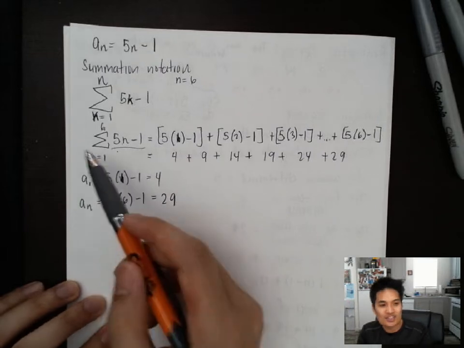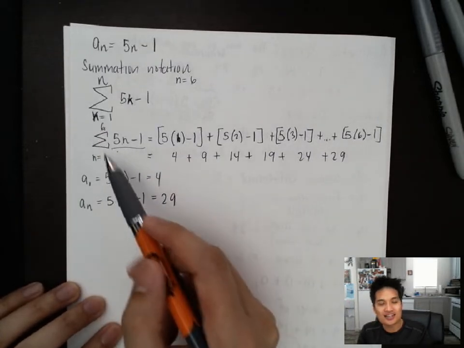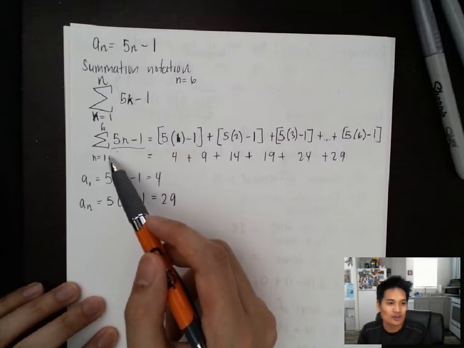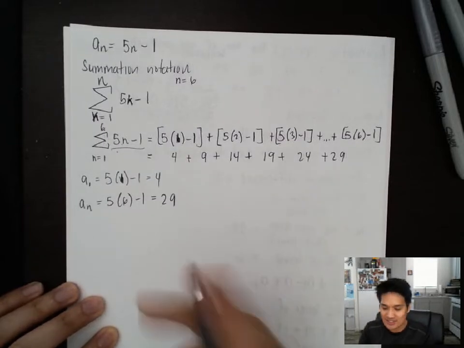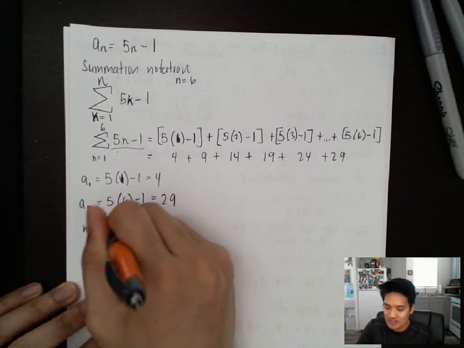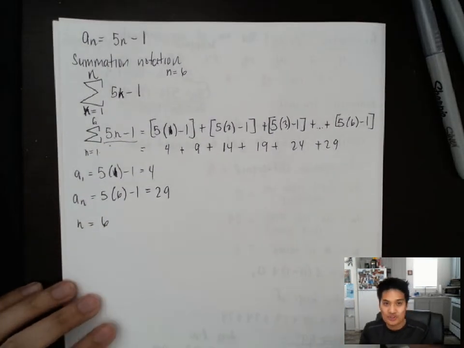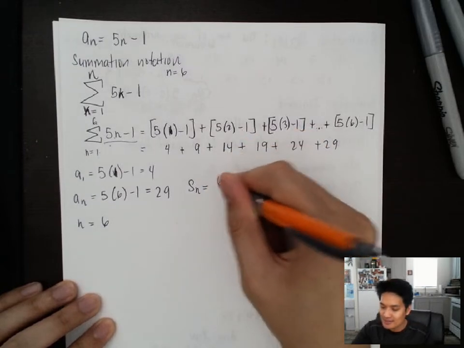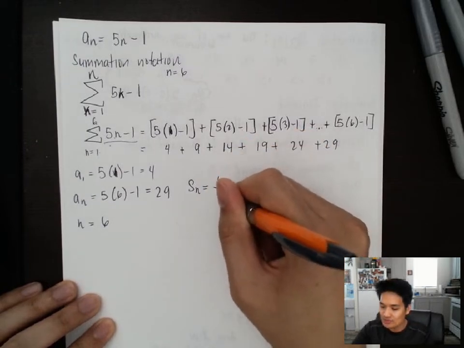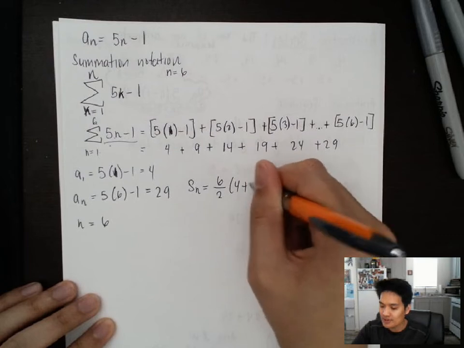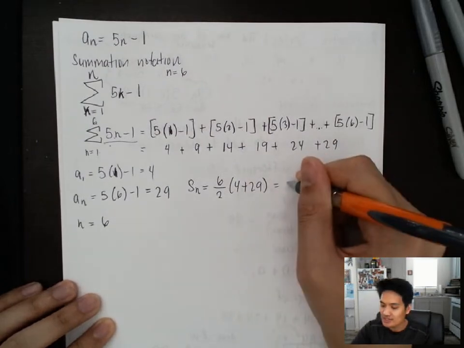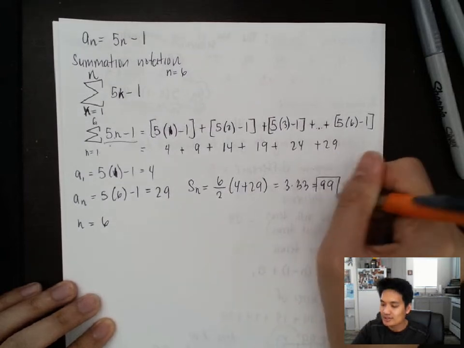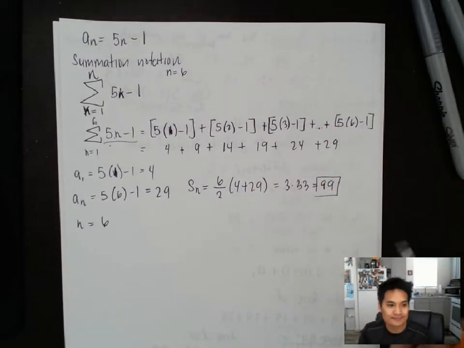And as you can see, from 1 to 6, this actually tells us how many terms are in our sequence. So if we're going from 1 to 6, that tells us that we have 6 terms. So using our formula again for arithmetic sequence, I get 6 divided by 2, 4 plus 29, which gives us 3 times 33, which is 99, which is what we had earlier.